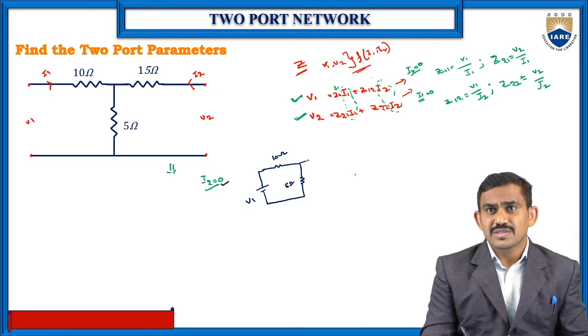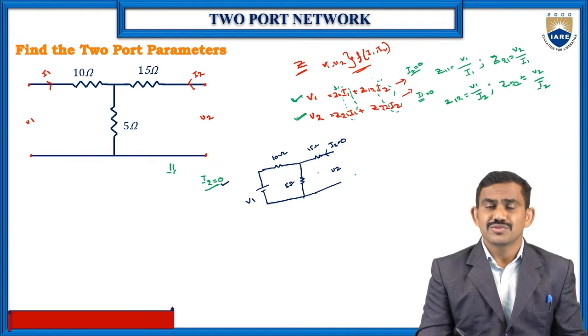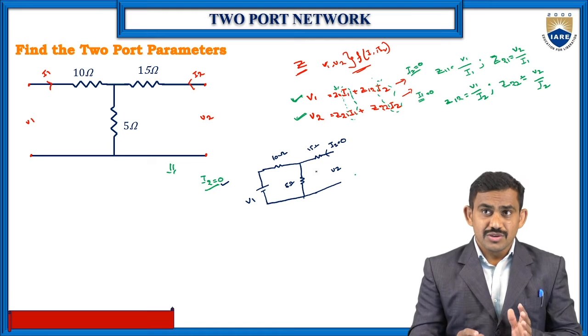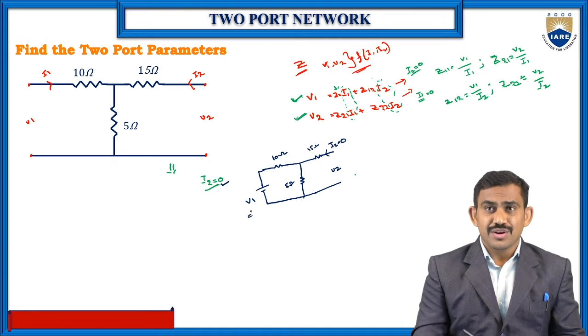And the secondary side is open, with 15 ohms. I2 equals 0, so the V2 value we need to find out. So this is my circuit now.